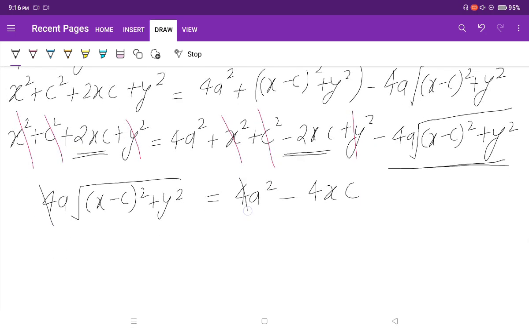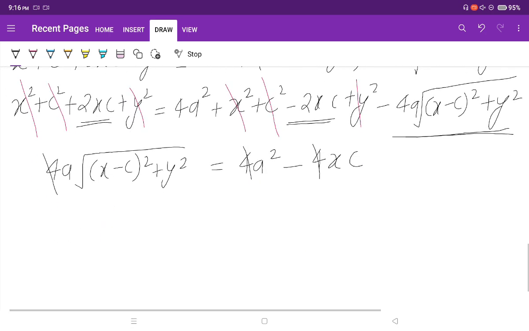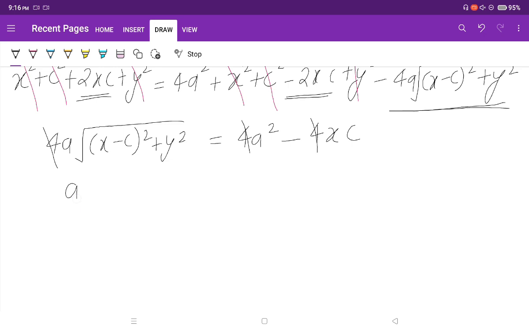So 4 and 4 will cancel out, so we have a times the square root of (x minus c) squared plus y squared equals a squared minus xc, correct?